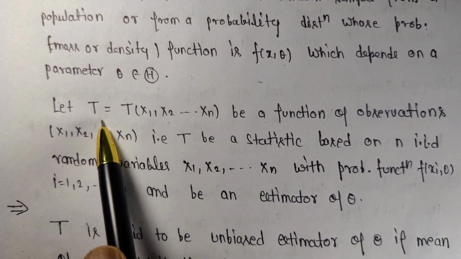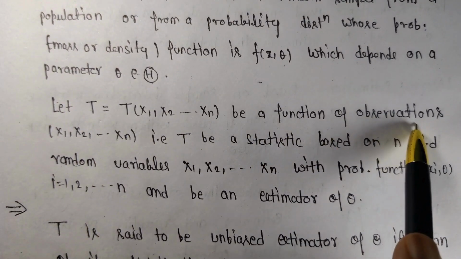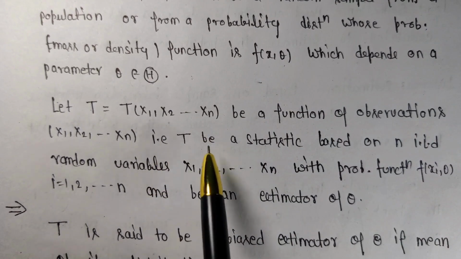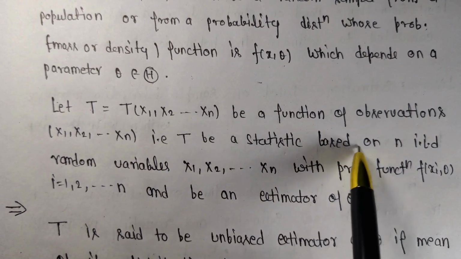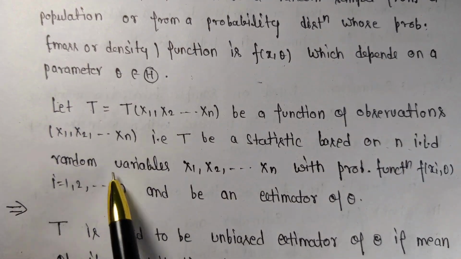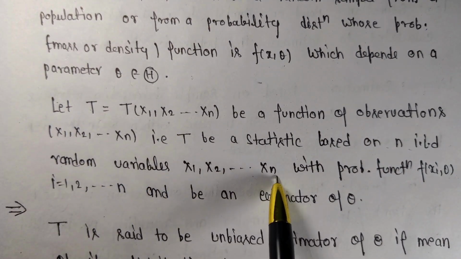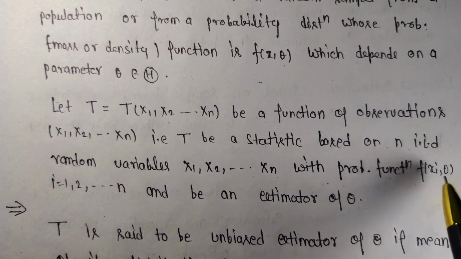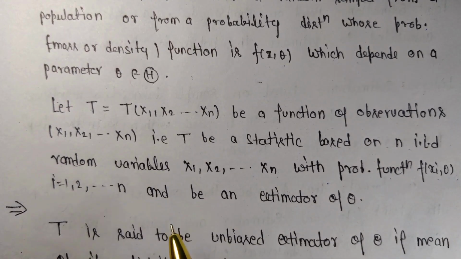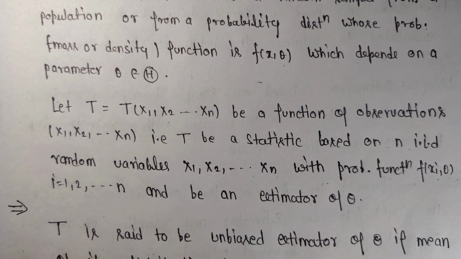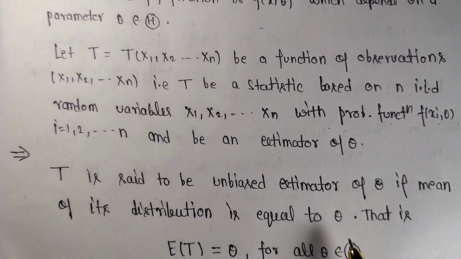Now come to the next thing. Let capital T be a function of observations, that is, T be a statistic based on n i.i.d. random variables x1, x2, xn with probability function f(xi, theta), and T be an estimator of theta.